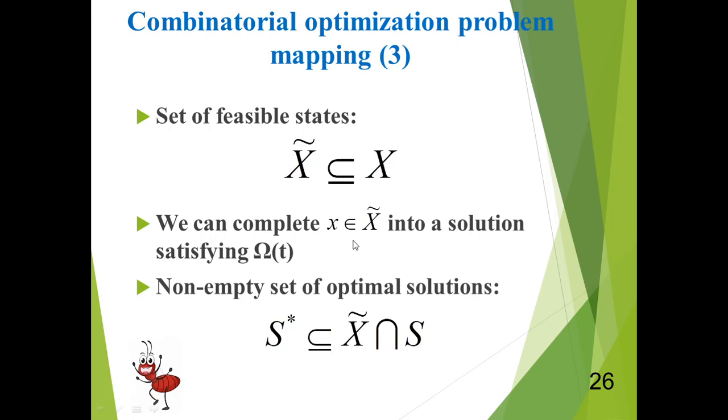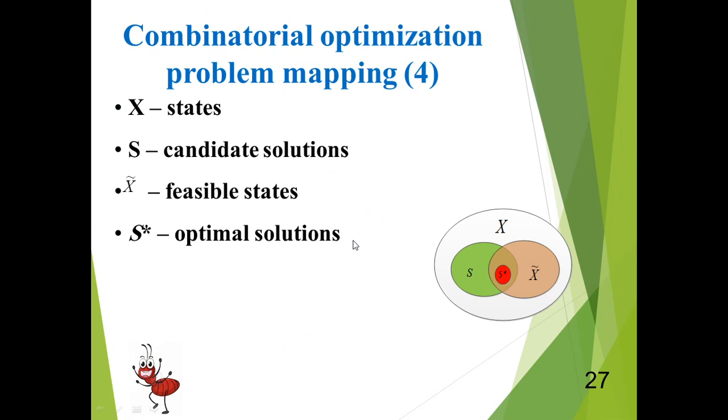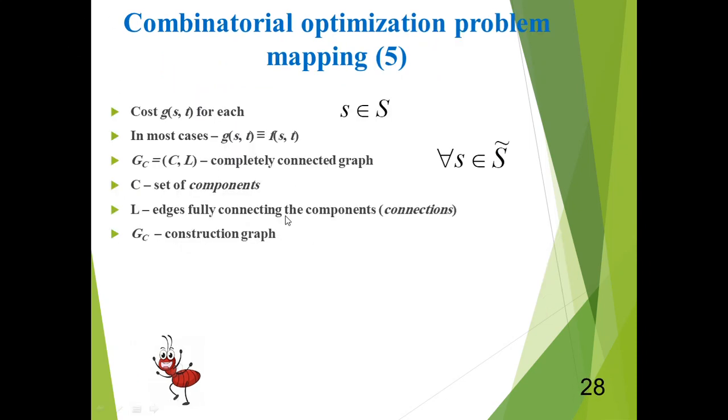Start combinatorial optimization problem mapping, where X is the states as candidate solutions, feasible states, start, optimal solution.